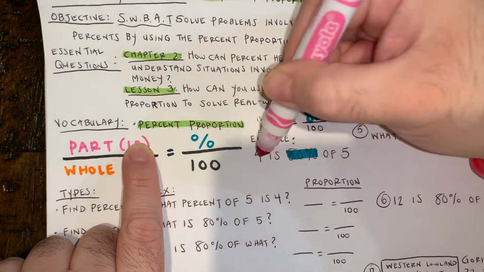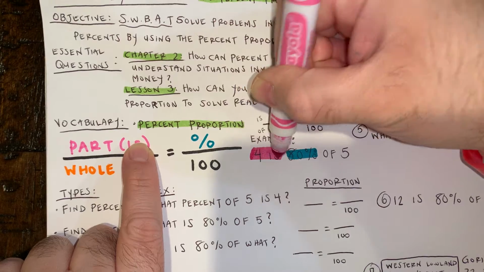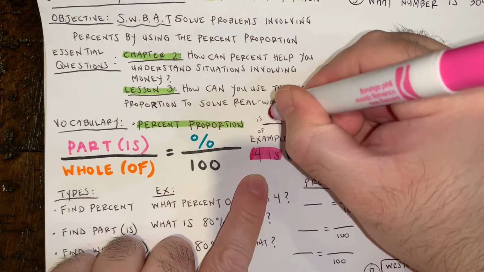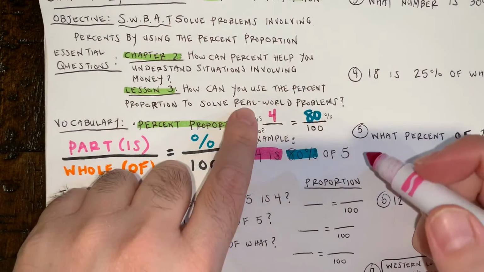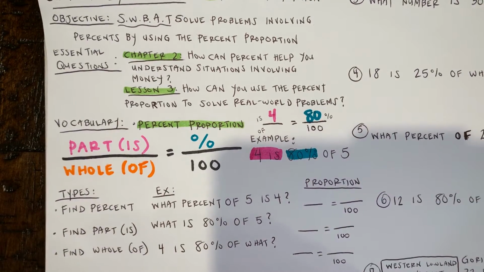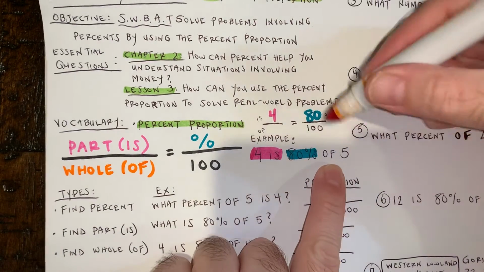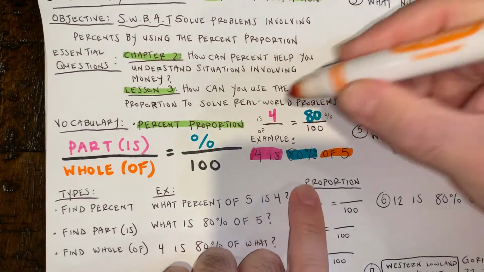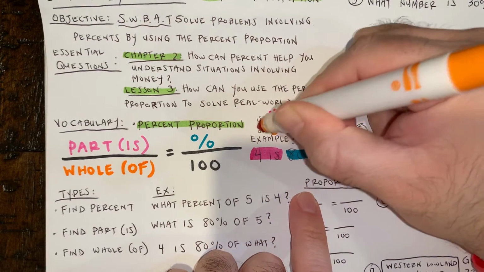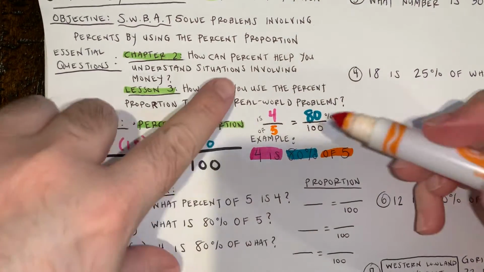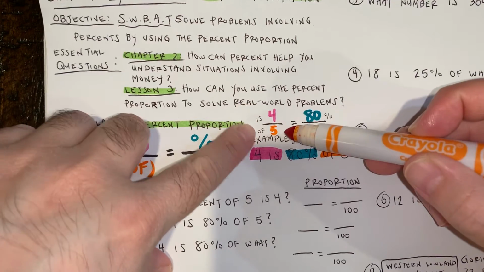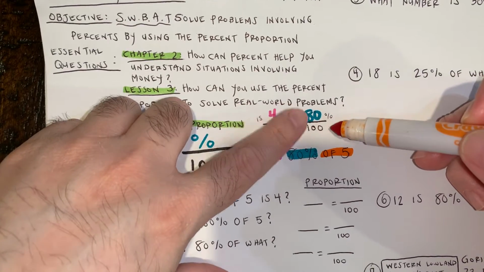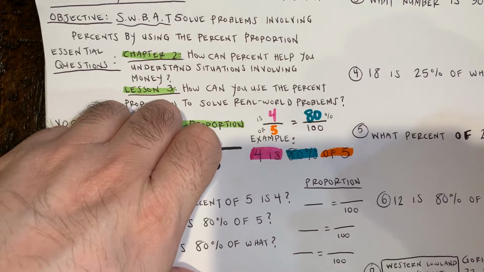Whatever number is next to your is, it's going to be in the is spot. So 4 goes there because that's the is spot. And then you can see that what we have here is of 5. So the 5 goes down here because that is your of spot. So it is 4 over 5 equals 80 over 100. That is how we set it up.